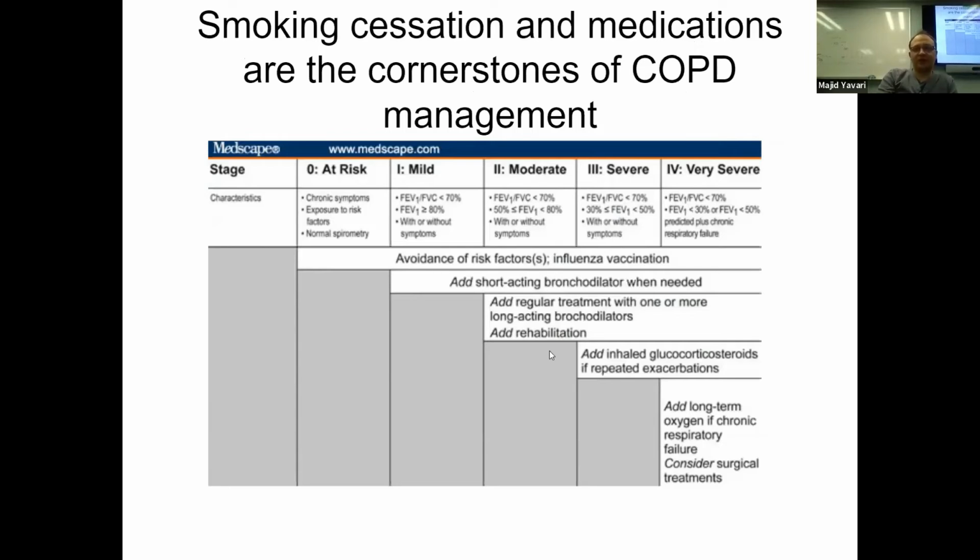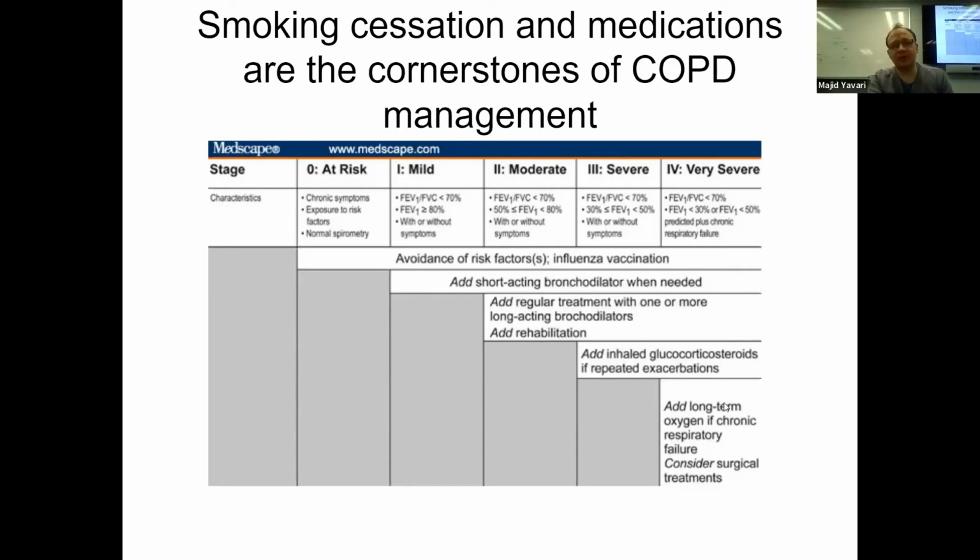You step up to short-acting bronchodilator, adding treatment with long-acting bronchodilators. Corner cases can still be responsive to inhaled corticosteroids. If they have repeated exacerbations, you can consider steroid bursts or long-term steroids for suppression. If you get to this point, they should be seeing a pulmonologist.